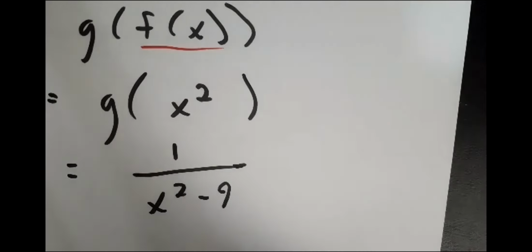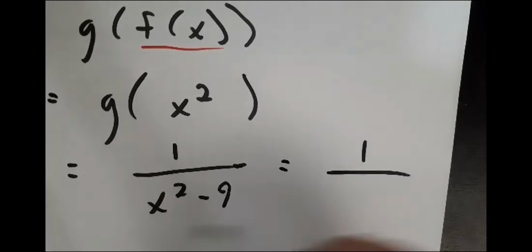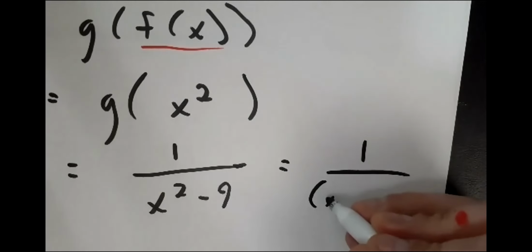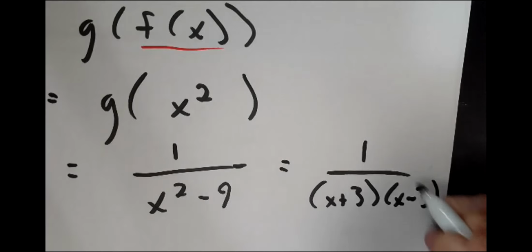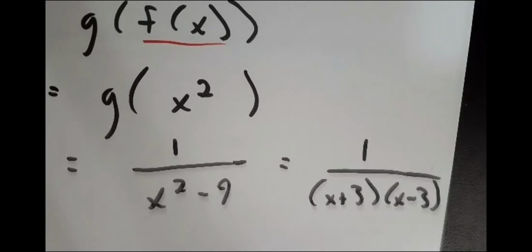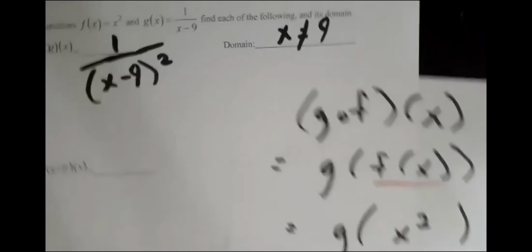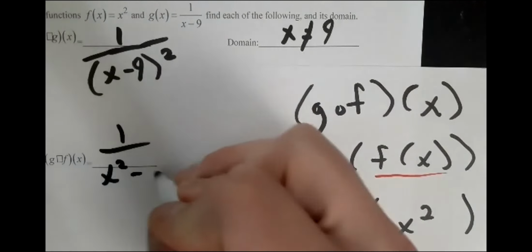Okay, so this is pretty good. I'm going to do one thing. This down here is the difference of squares, so I'm going to go ahead and factor it just because it might make things easier in just a second. But this is 1 over x squared minus 9.